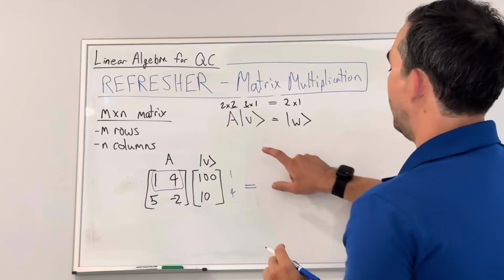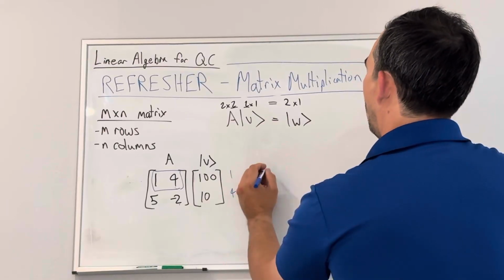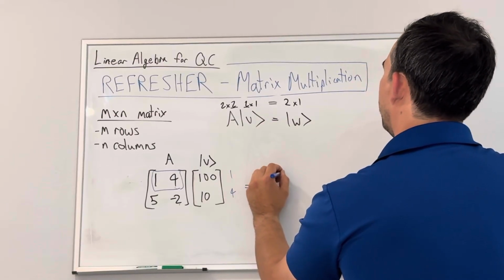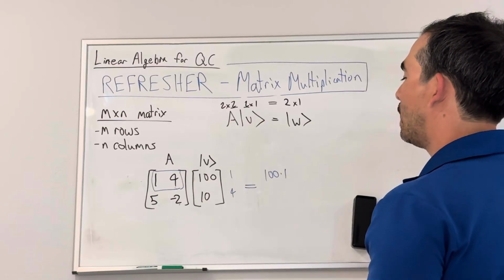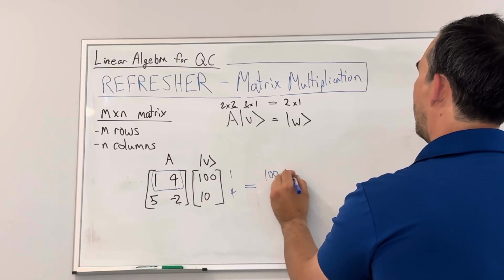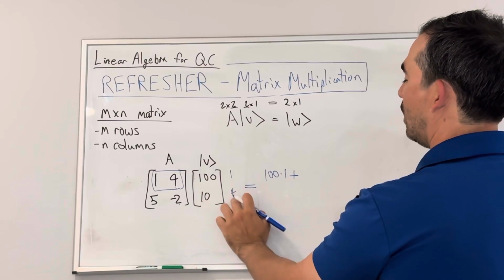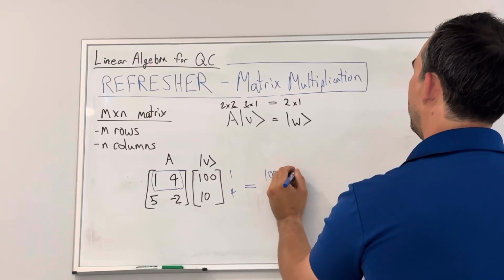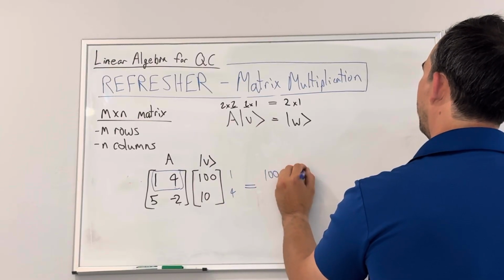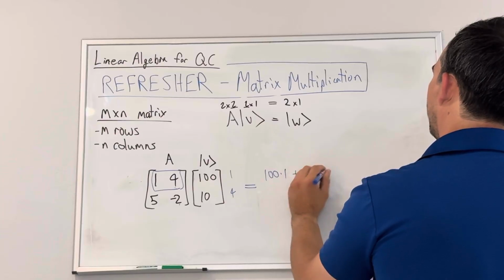In my top row, I'm going to get 100 times 1 plus 10 times 4.